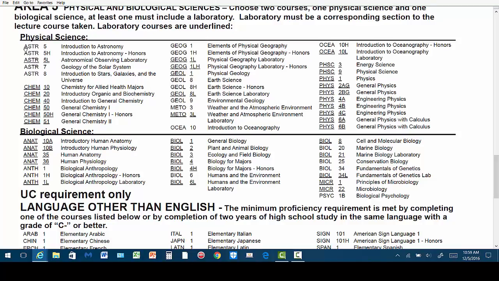So if one chooses Astronomy 5 lecture and then Astronomy 5L lab, then from biological science one can choose a 3-unit class such as Anthropology 1 without a lab. Or if one chooses to choose a lab from biological science, then one can choose Anthropology 1 with 1L for lab, and then from physical science one can choose Astronomy 5 without a lab.